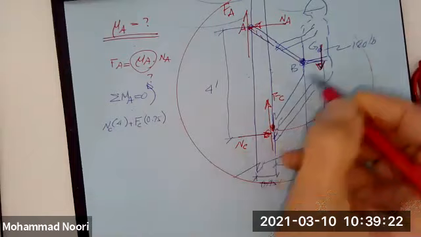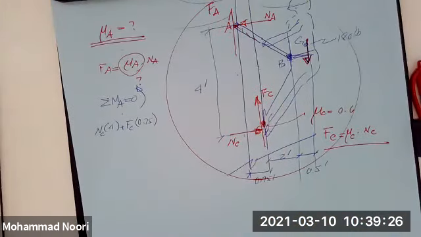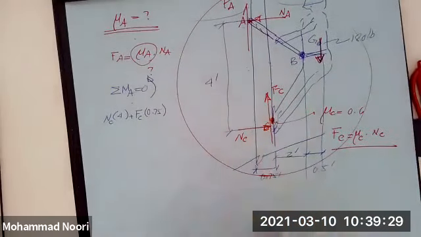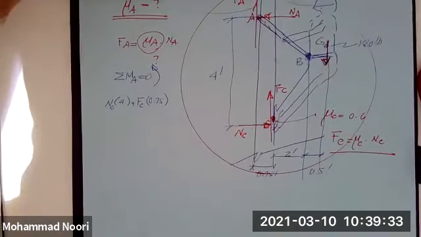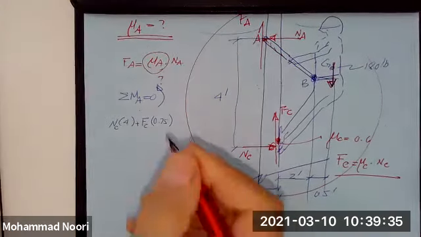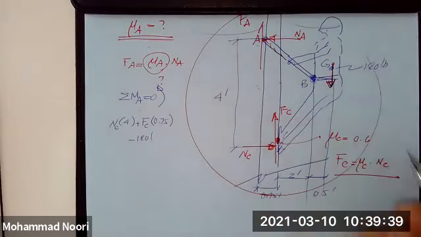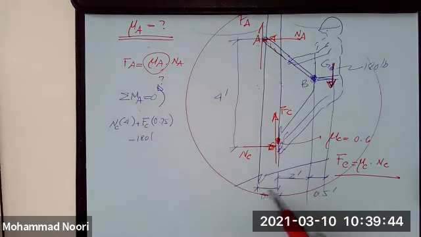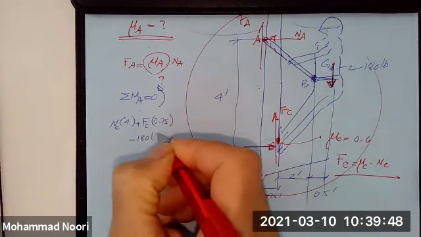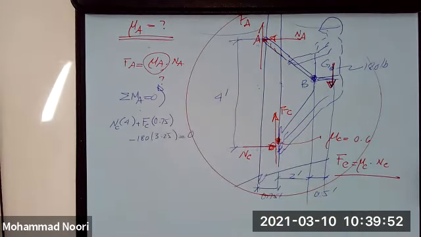Then the moment generated by the guy's weight, which is rotating clockwise, so that would be negative: negative 180 times the distance. What is the vertical distance between the two? This is 0.75, this is 2.5, so it's 3.25, equal to 0.